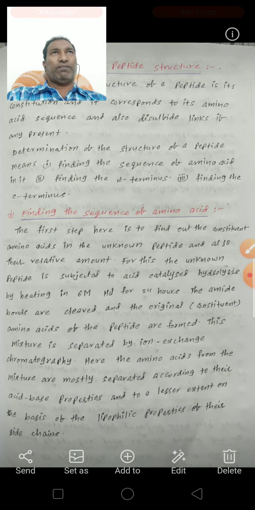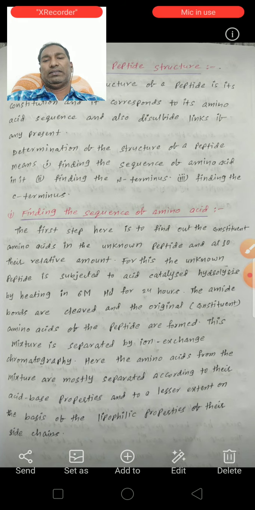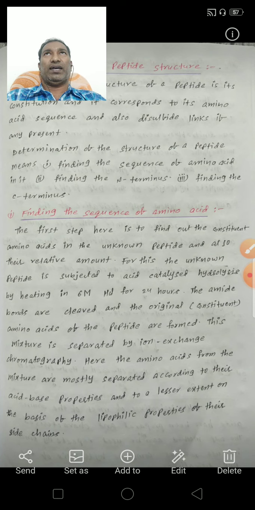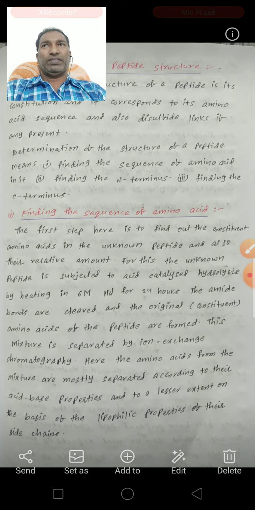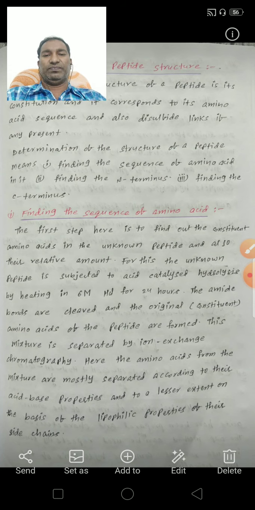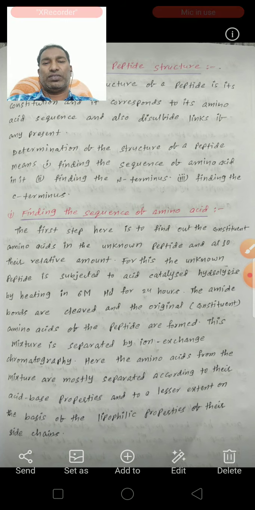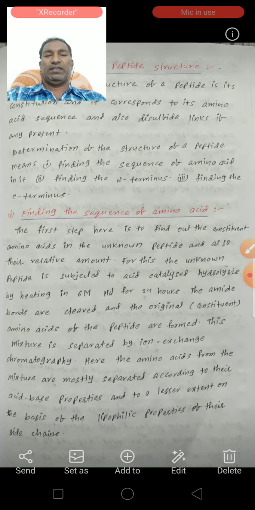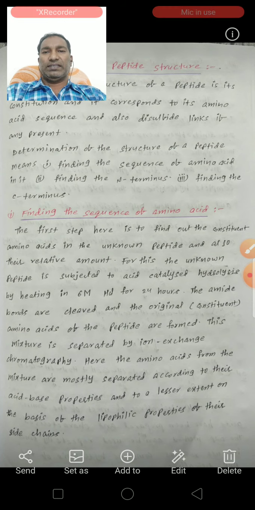This amino acid mixture is separated by ion exchange chromatography, mostly according to their acid base properties and to a lesser extent on the basis of the lyophilic properties of their side chains.